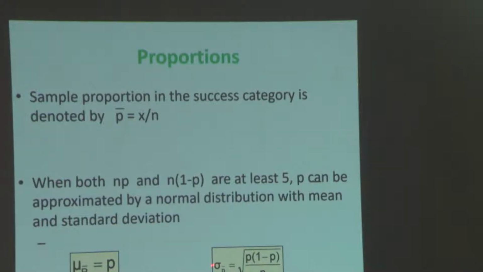Remember that the standard deviation in a continuous variable is sigma, but the standard deviation of a proportion is the square root of pq over n, where q is 1 minus p.